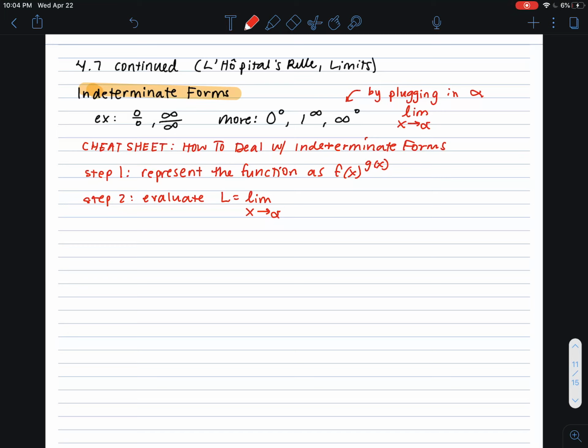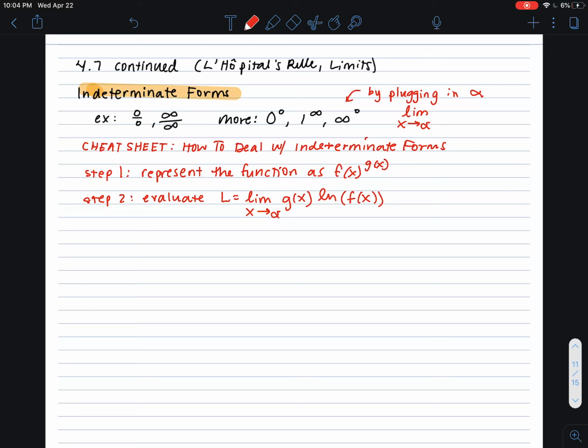So we evaluate our limit as x goes to alpha of g of x, where g of x is our exponent here, times the natural log of f of x, where f of x is our base term here.